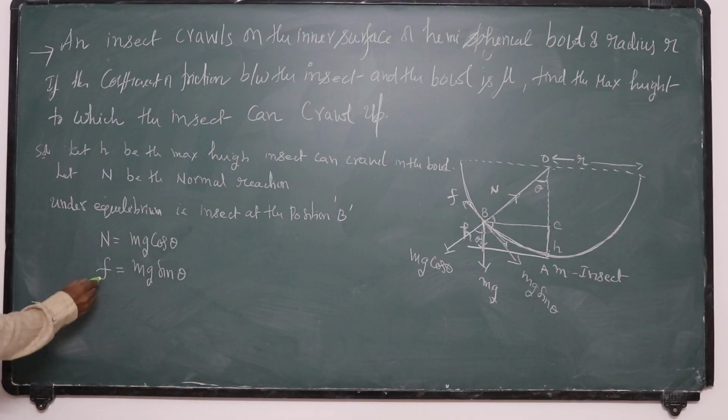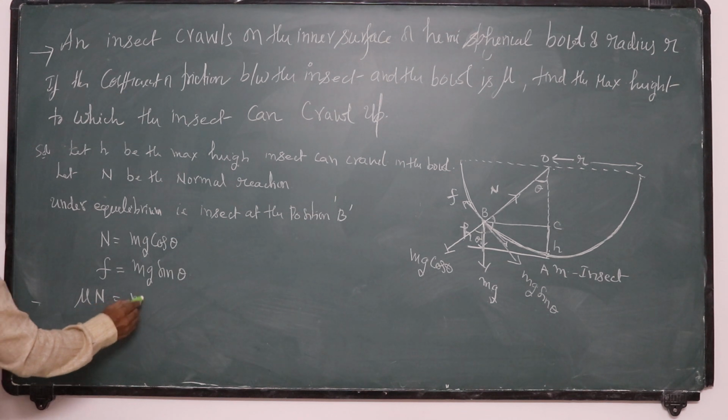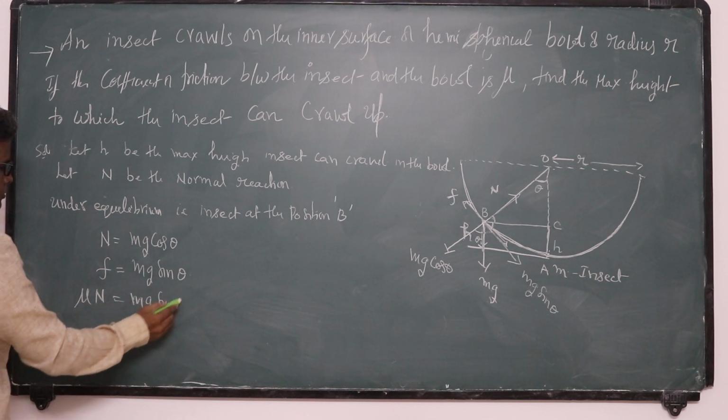So f, which is mu n, is equal to mg sin theta.